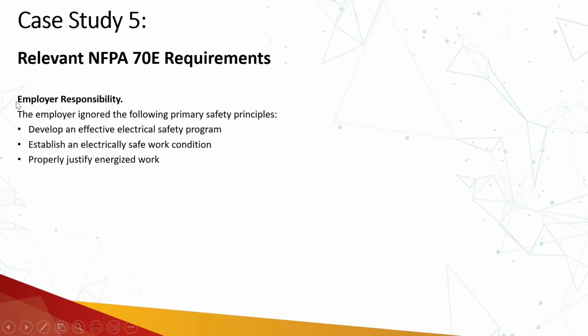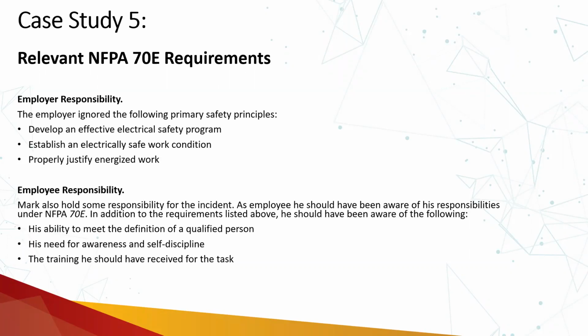If we look into the employer responsibility, the employer ignored the following primary safety principles: develop an effective electrical safety program, establish an electrically safe work condition, and properly justify the energized work process. Employee responsibility: Mark also holds some responsibility for the incident.